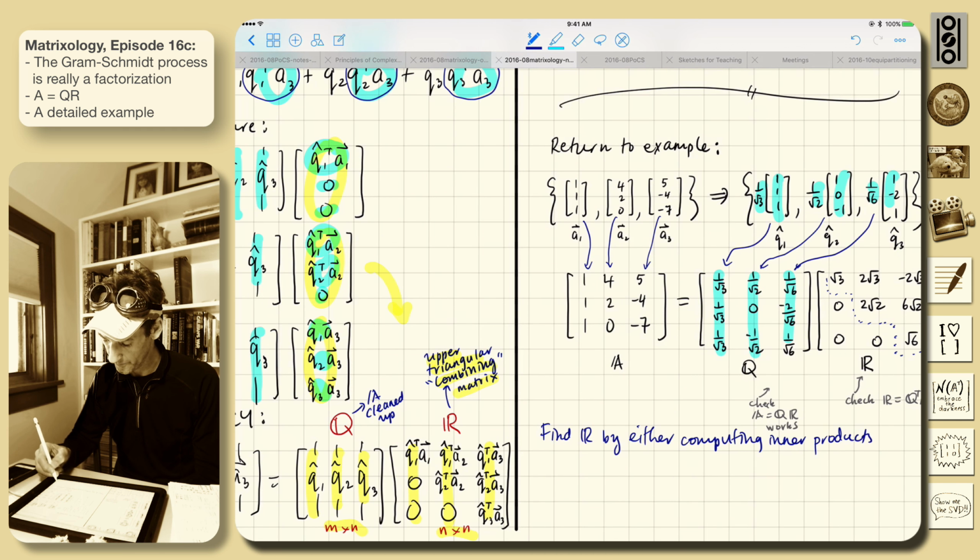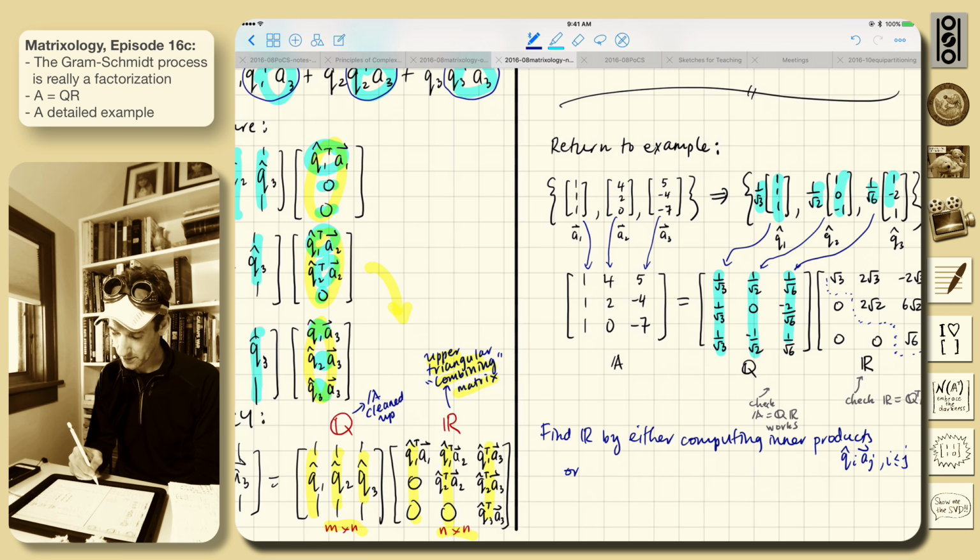They all look like Q hat i transpose a j, like this, and i has to be less than or equal to j, yeah? So you can compute all these, that's this piece over here, or kind of simply and nicely, we have this R equals Q transpose times A, which is very nice.